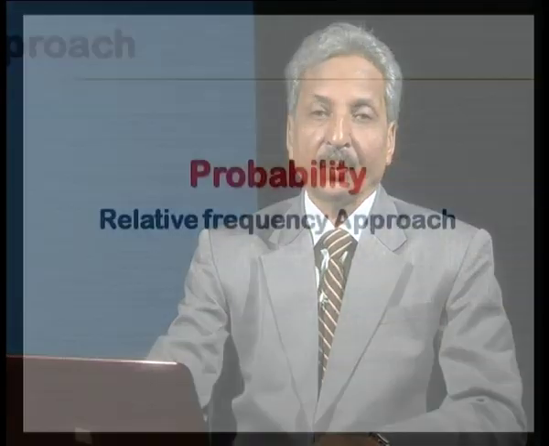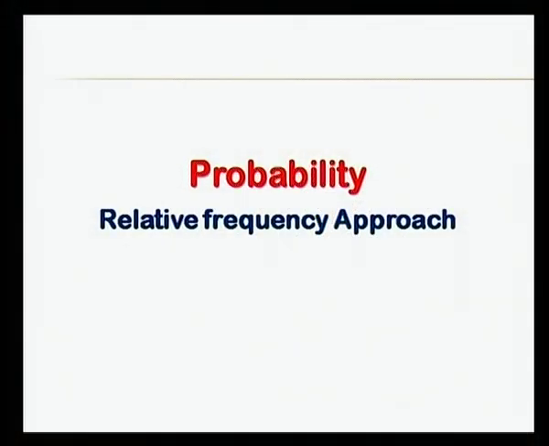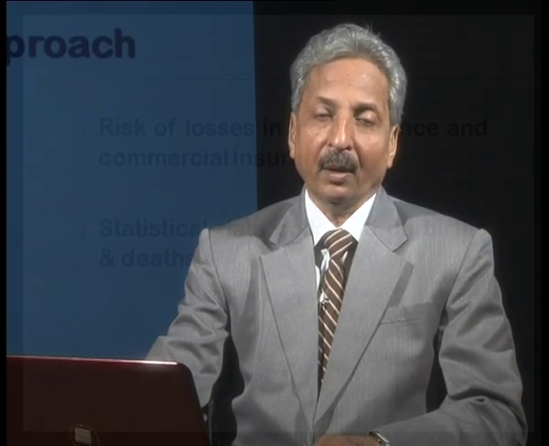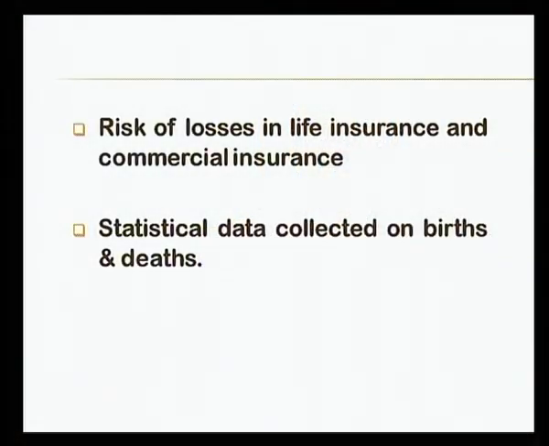Let us first discuss the relative frequency approach to probability. In the early 19th century, the British statisticians got interested in the foundations of calculating the risk of losses in life insurance and commercial insurance.